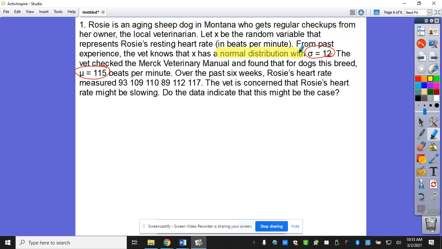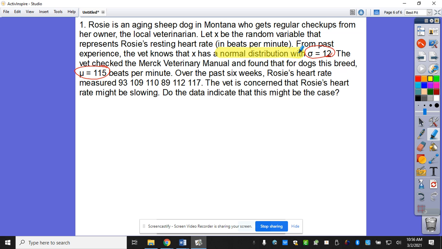Generalize the population. Well, what's the whole point of this problem? To see if her heart rate is slowing. So do we really need to generalize this to like all sheepdog? Do we really need to generalize this to her and her whole life? So we really only want to be dealing with the last 6 weeks anyway to see if it is slowing.